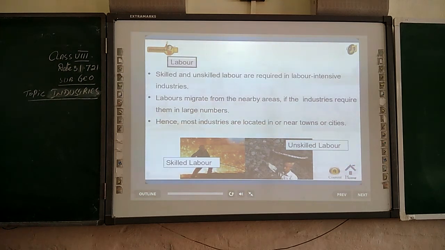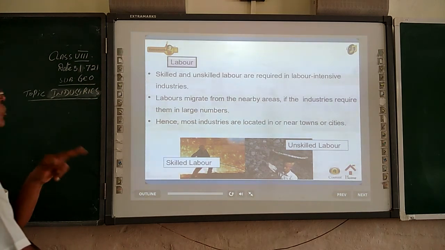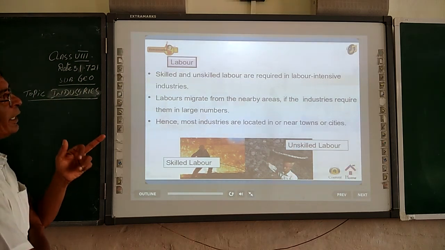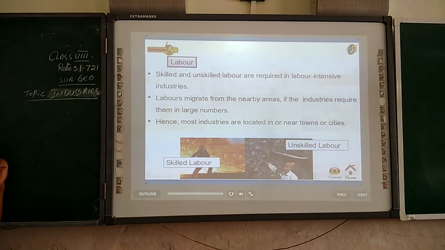Generally, labor can be classified into two types: skilled laborers and unskilled laborers.